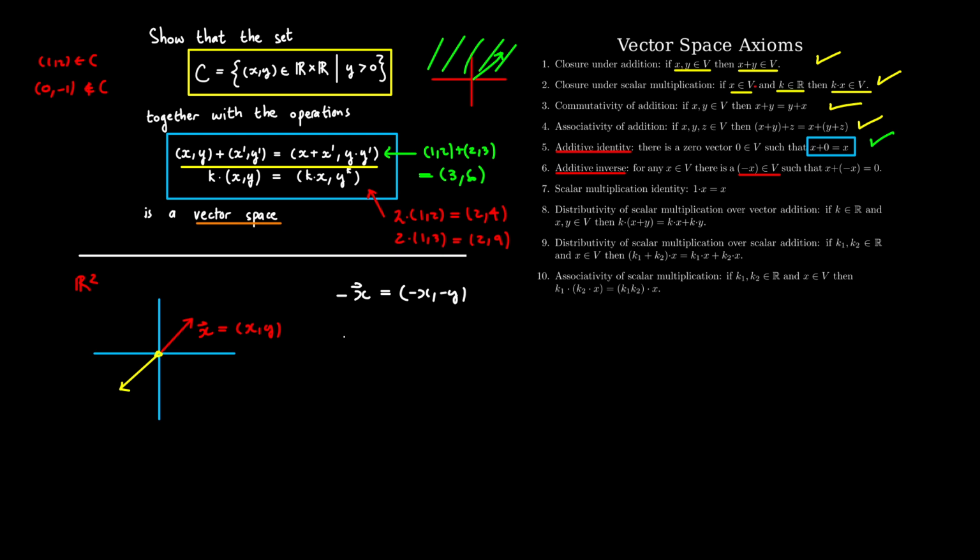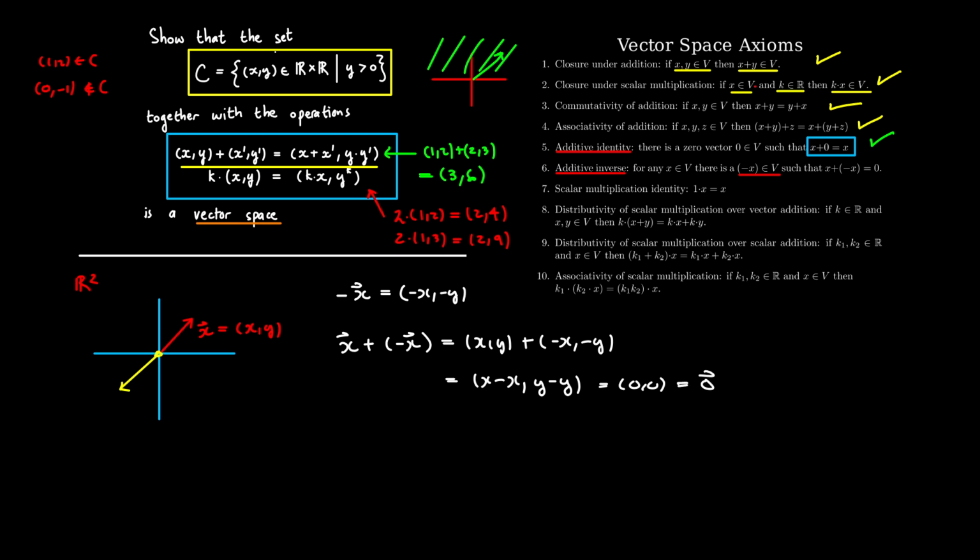And again, just to show you why, it's because if I take x and I add that to negative x, I get x comma y plus negative x comma negative y. And this is x plus negative x, which is x minus x, and then y plus negative y, which is y minus y, and this is just 0, 0, which is, in Euclidean space, the 0 vector.